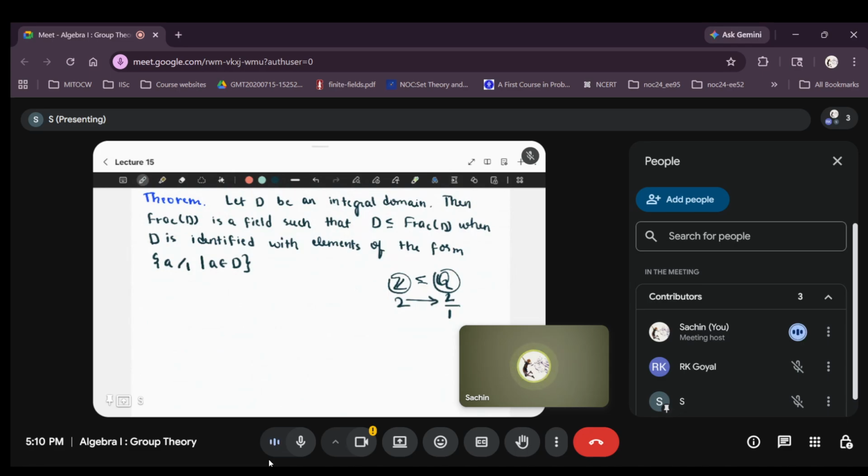So with that, we said let D be an integral domain, then this set Frac D is a field.